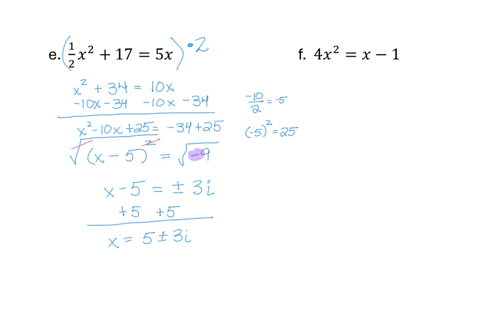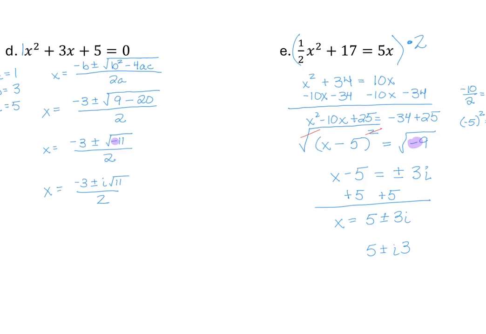One of the questions that someone asked in class the other day was, why don't we write it 5 plus or minus i3? And it's really not the i that we care about in terms of the order. It's more the square root. Remember that over here, if I rewrote this as square root of 11i, depending on how careful you are or how sloppy you are, sometimes this can look like the i is inside the square root.